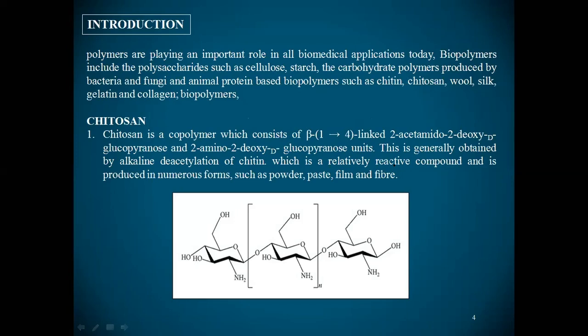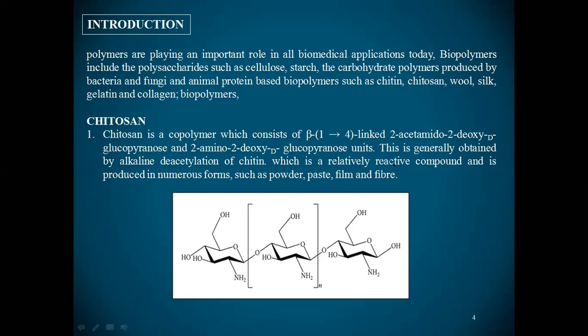Biopolymers are collected from polysaccharides such as cellulose, starch, and other carbohydrates. Chitosan is obtained from animal sources, and biopolymers are also obtained from bacteria, fungi, and animal protein-based polymers. In this article, we will briefly look at chitosan.